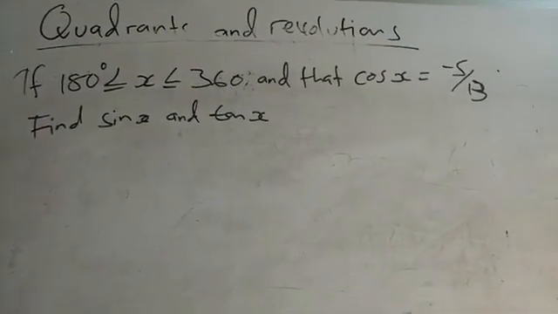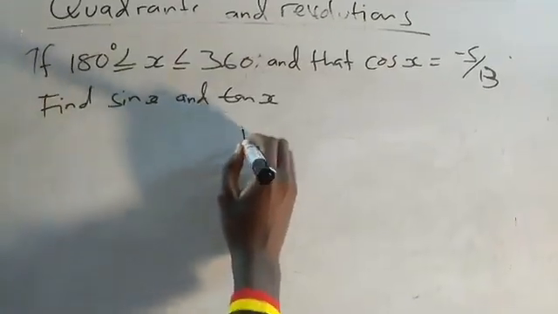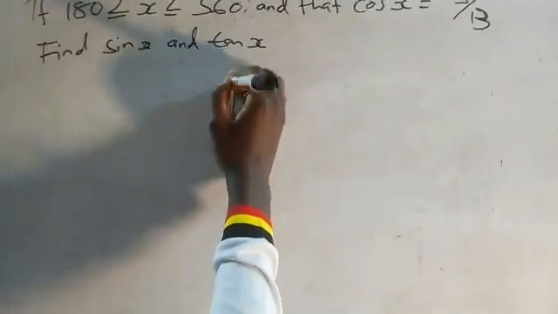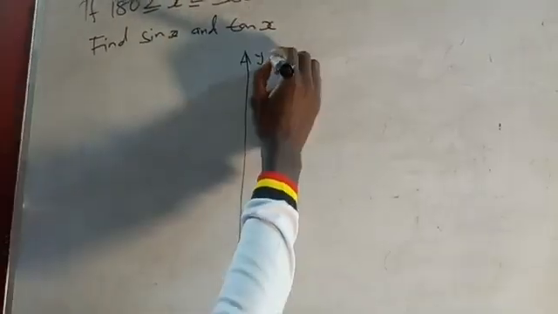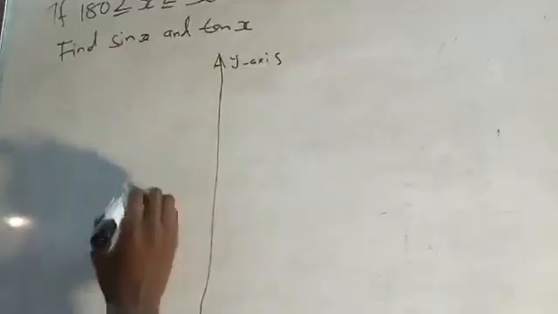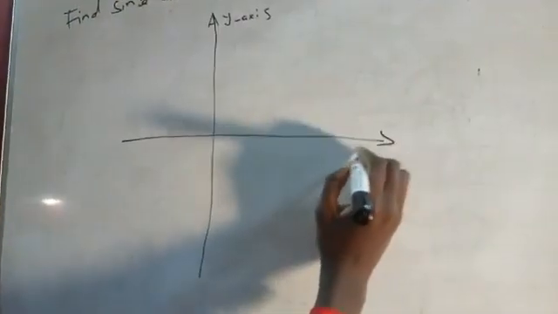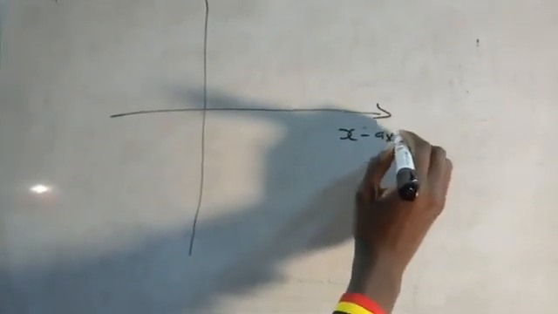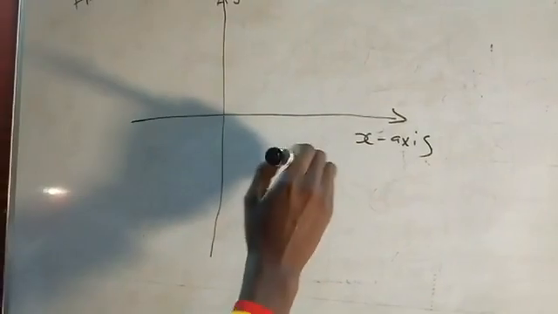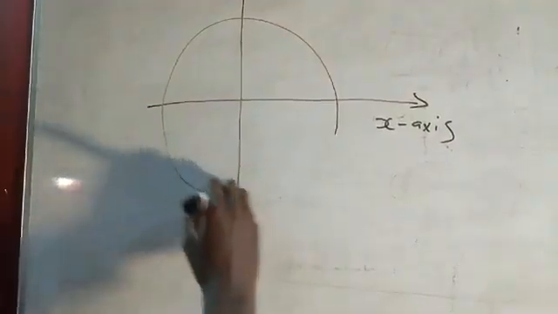So let's sketch our Cartesian plane like this. This is the y-axis, and this one is the x-axis, and we draw our unit circle.